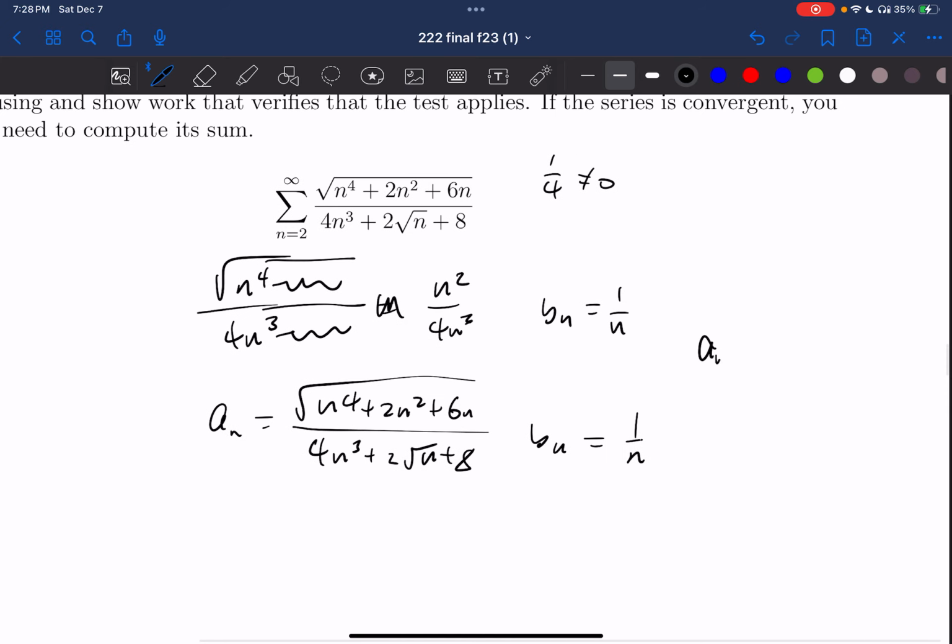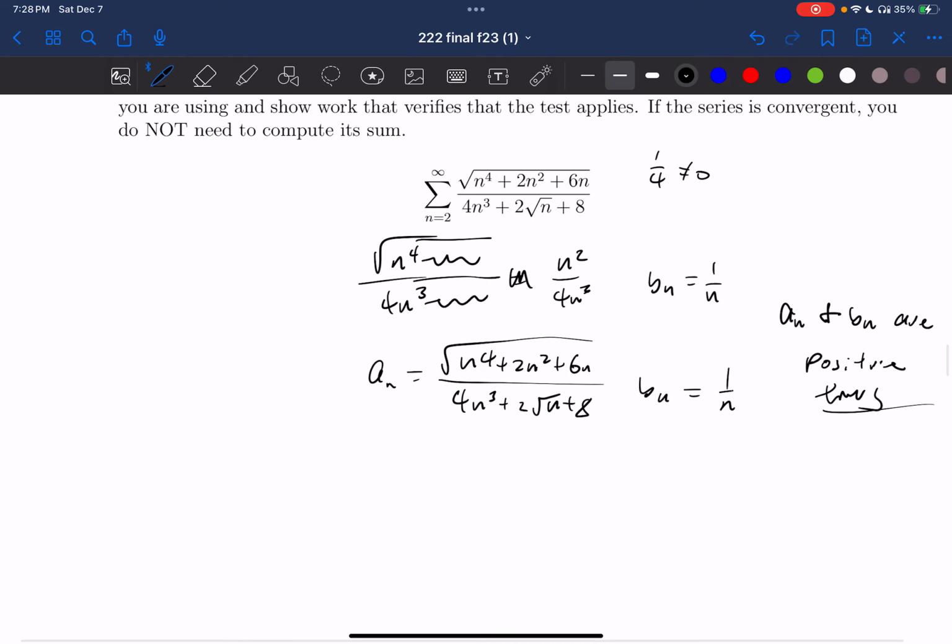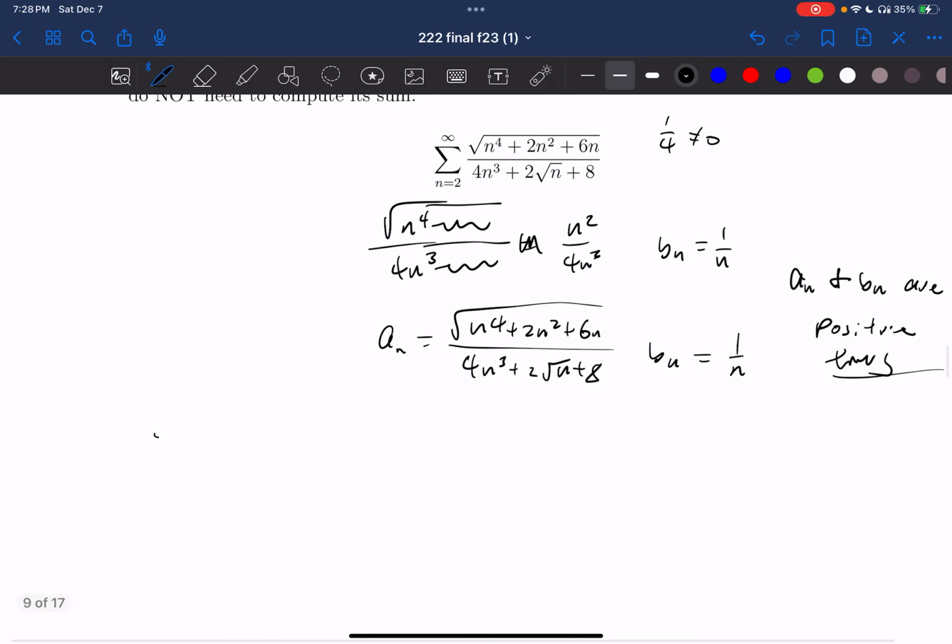We have to say a of n and b of n are positive terms, and we can apply the limit comparison test on this. The limit as n goes to infinity of a of n divided by b of n will be equal to, oh, how do I do this?